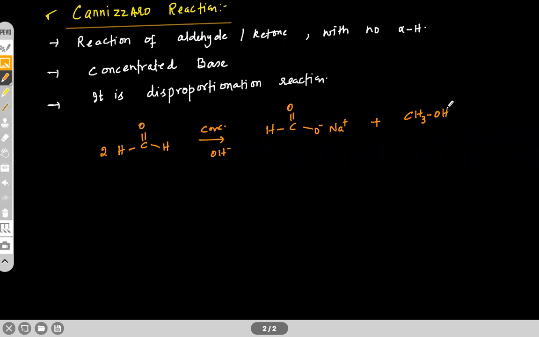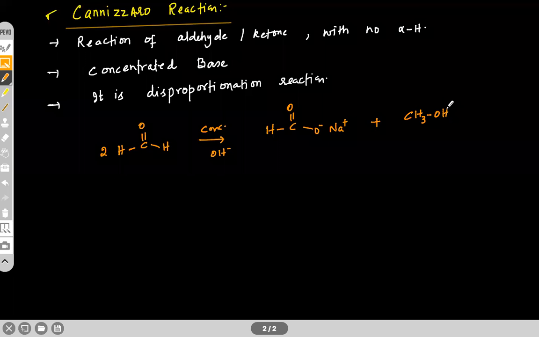This is the reaction we get here. Like I said, Cannizzaro is a disproportionation reaction. So one molecule gets oxidized, the other one gets reduced. We know aldehyde on oxidation gives acid, on reduction gives alcohol. So one molecule of alcohol, one molecule of salt, because the medium is basic, right?